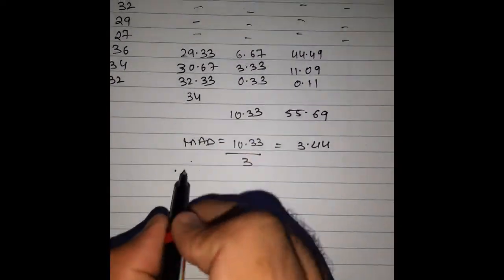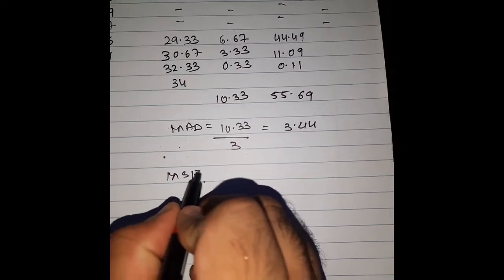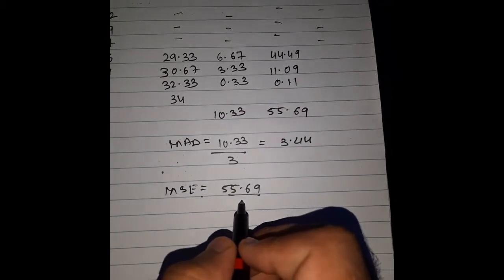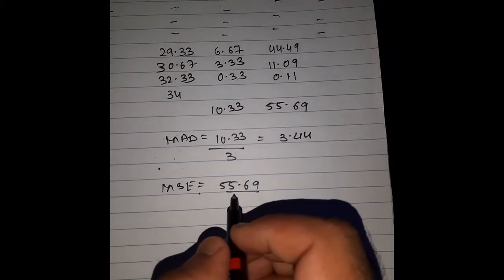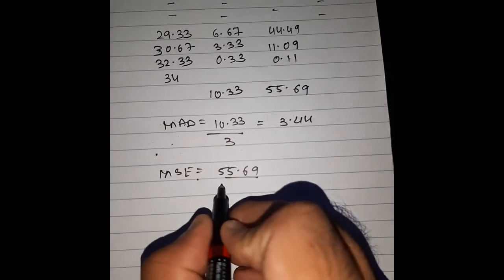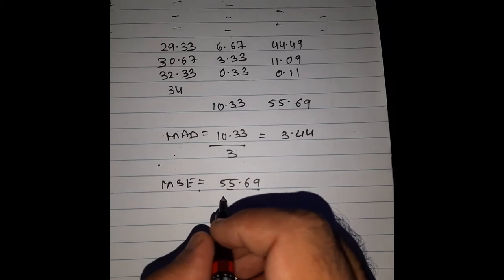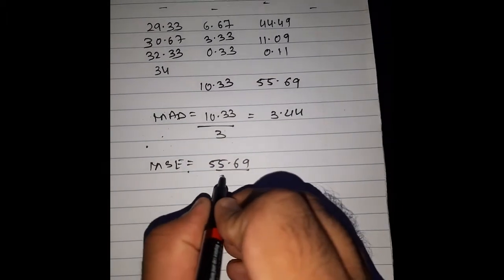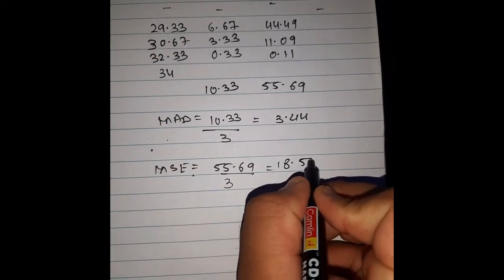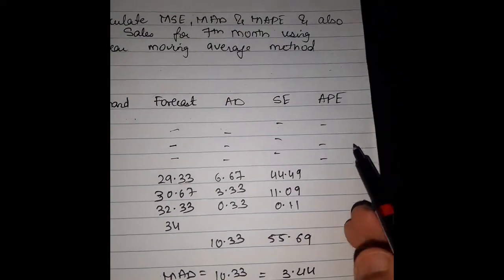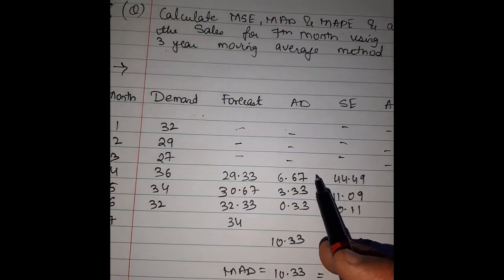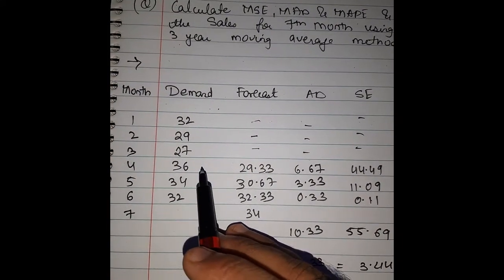So the mean square error will be equal to 55.69, the whole divided by 3, which is equal to 18.56.